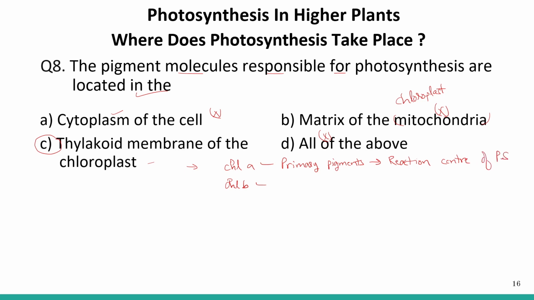Now chlorophyll B, and then we have carotenes, then we have xanthophyll. These are known as accessory pigments. All these three are accessory pigments.